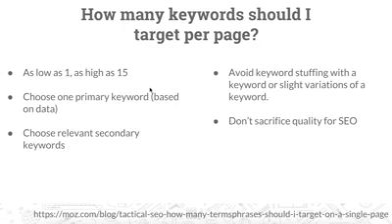You want to use the keyword or slight variations of the keyword as naturally as possible. Stuffing or providing a poor user experience could result in lower rankings. At the end of the day, you don't want to sacrifice quality for SEO. So make sure that you're using the keyword naturally and in a valuable way to your user.